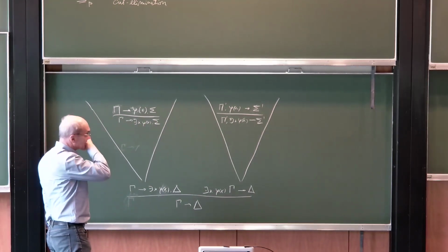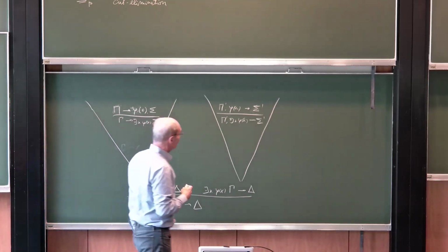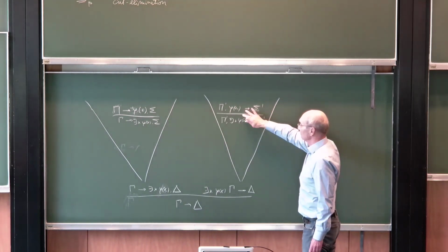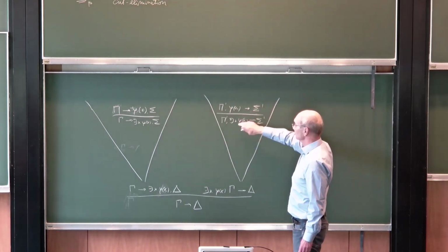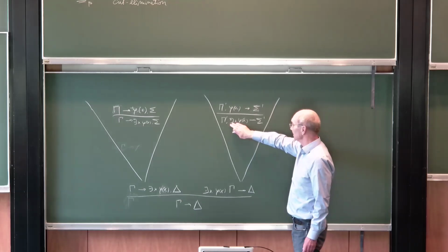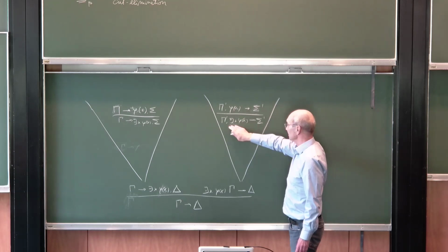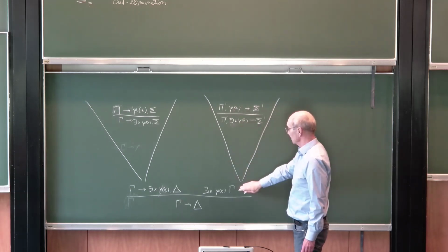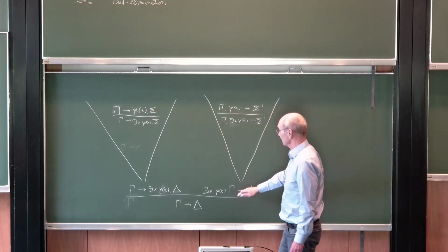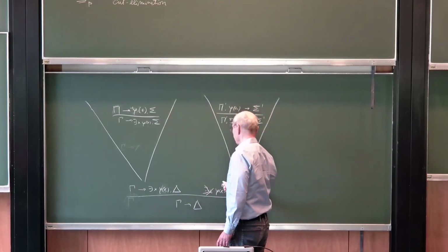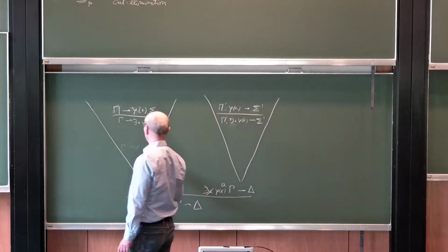The strategy of cut elimination is that we omit these cases of introducing a quantifier and just go on with the formula non-quantified. So as a result, we get something like this, and we do the same.